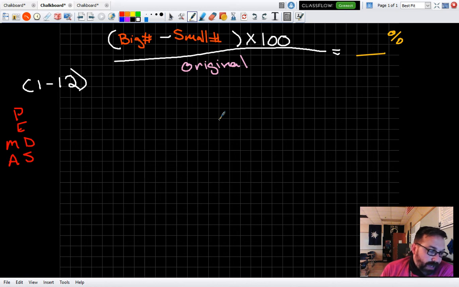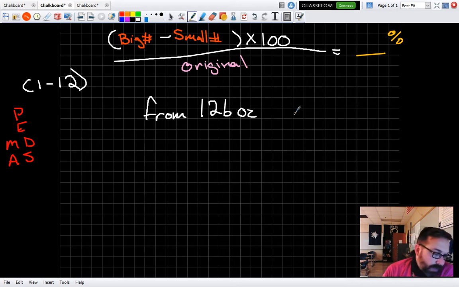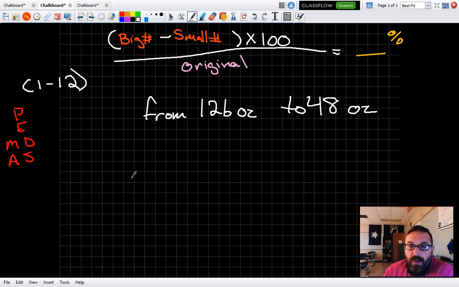So let's look at from 126 ounces to 48 ounces. So we are going to write the big number, 126, the little number, 48, and then we'll write the rest of our equation around it.